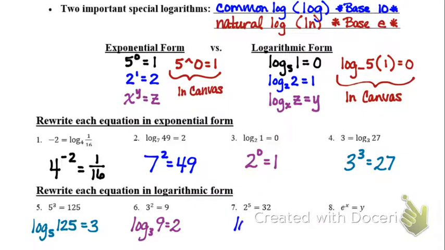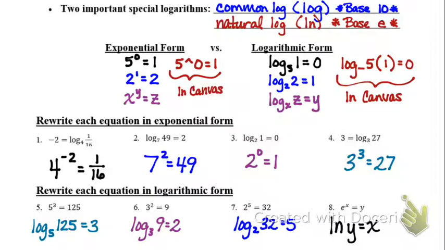Log base 2 of 32 equals 5. Yep, log base 2 of 32 equals 5. And then that last one. Yes, natural log, so ln y equals x. You do not need to see the base of e on that because natural log indicates that it has a base of e. Awesome. Do you guys have any questions about these 8?